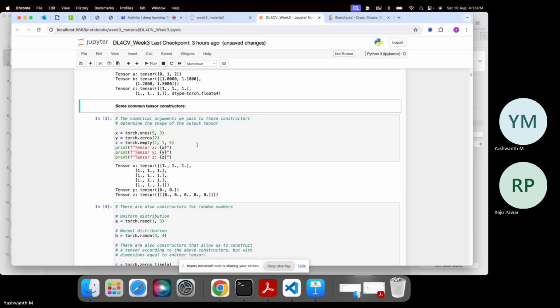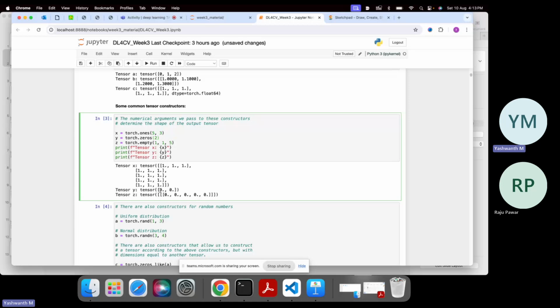torch.ones of 5, 3 means you create an all-ones tensor of dimensions 5 cross 3. Similarly, torch.zeros of 2 will give you a tensor of size 2.